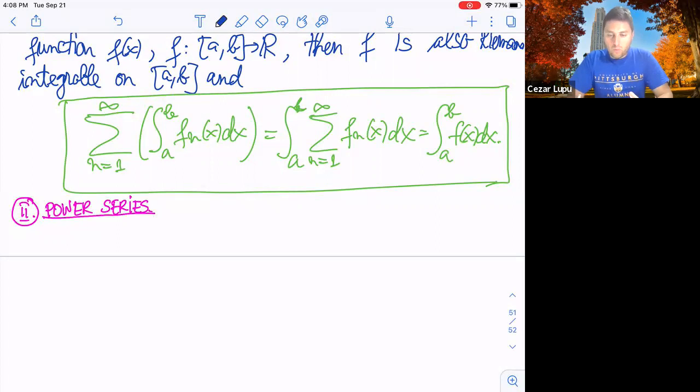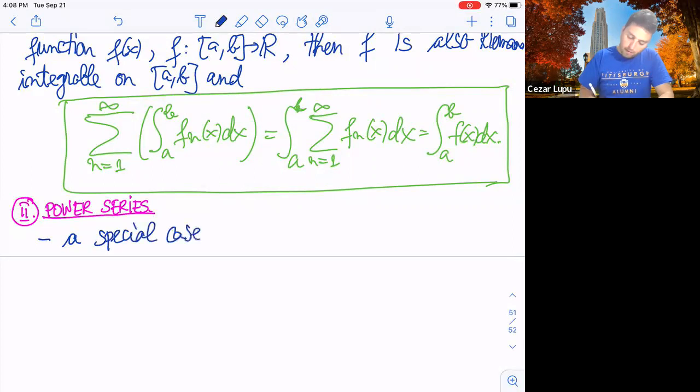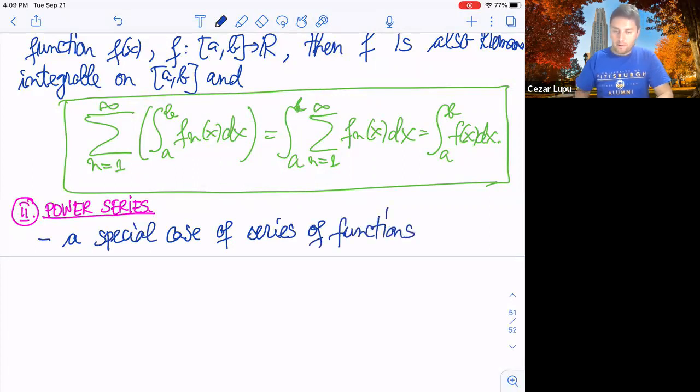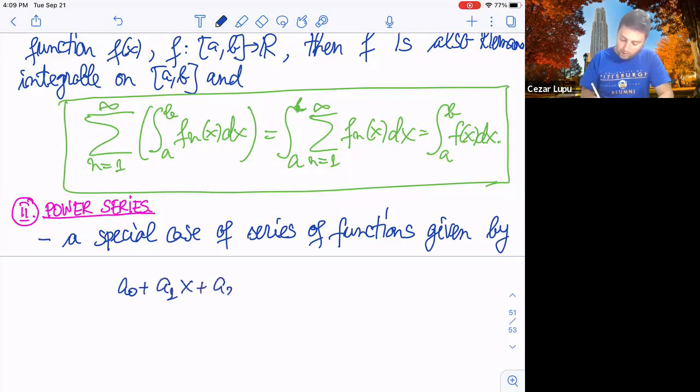Well, this is nothing else than a special case of series of functions, of the following form: a0 plus a1 x plus a2 x squared plus, and so on, an x to the n.